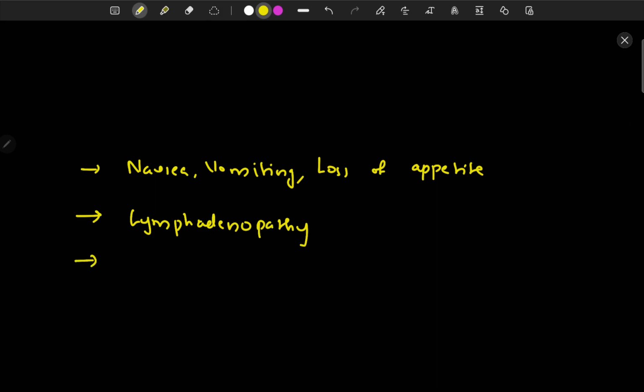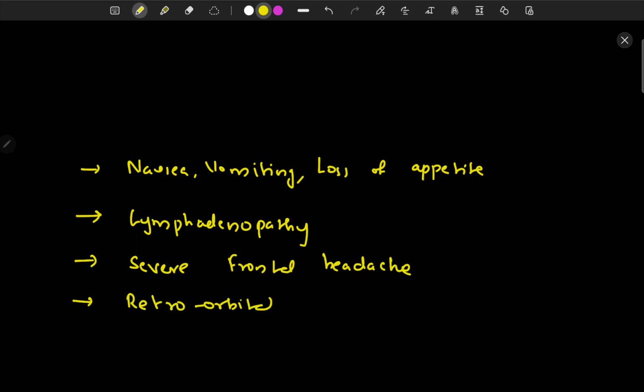The patient will also present with headache, that is severe frontal headache, and there will be retroorbital pain, and then there will be pain in the muscle and joint.